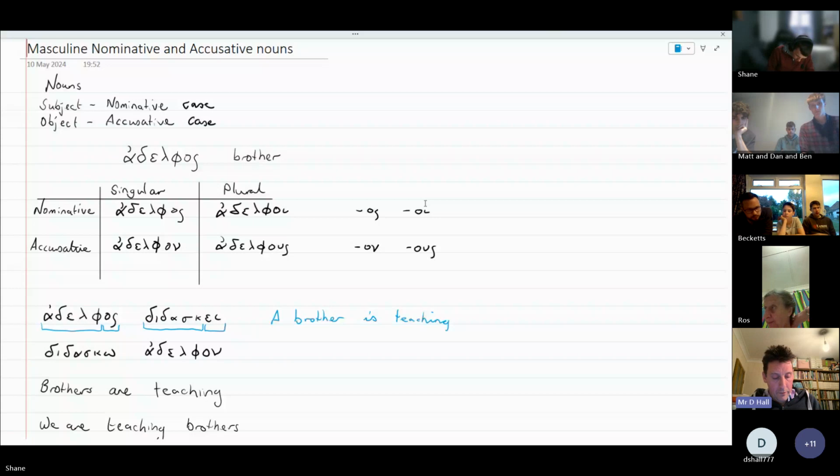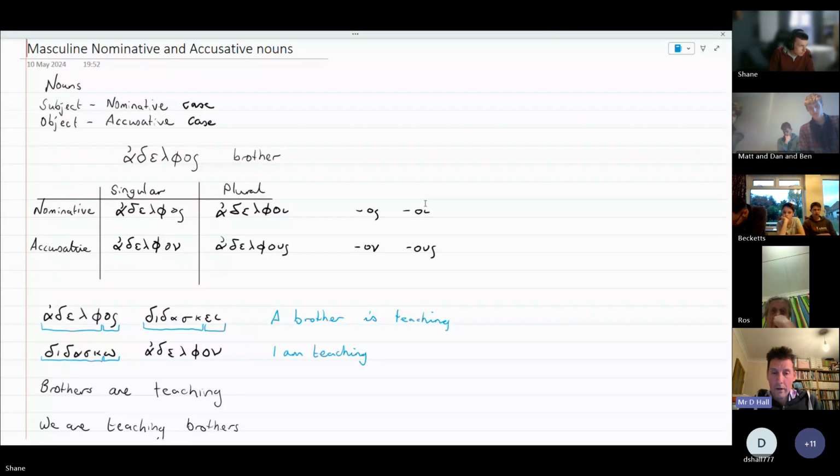Again, if we take the stem and its ending, it's a verb. It ends in omega, so it is the first person singular. So in this case, this is I am teaching, or I teach. We might just write it down as a continuous idea: I am teaching.